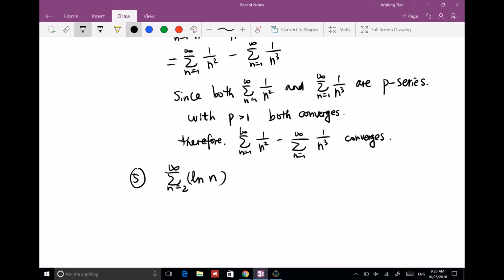You can use any of what we learned so far. Okay. So what have we learned so far? We learned geometric series, integral test, nth term test. Could we use nth term? Yes. Okay. So what is the nth term?